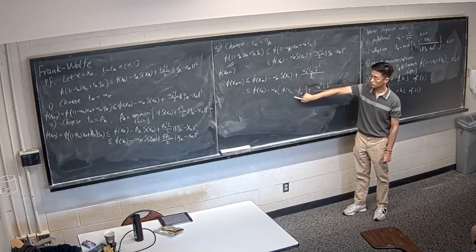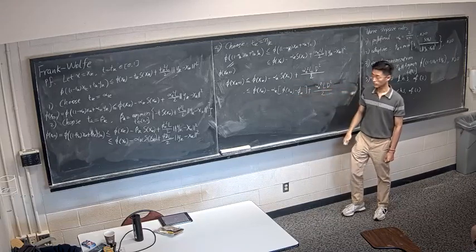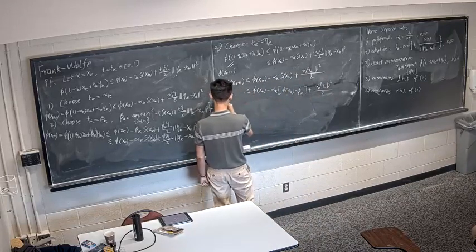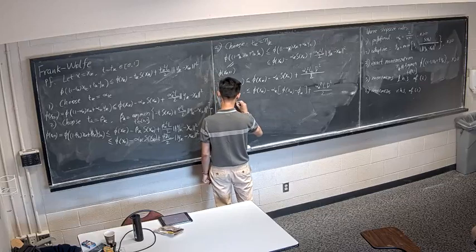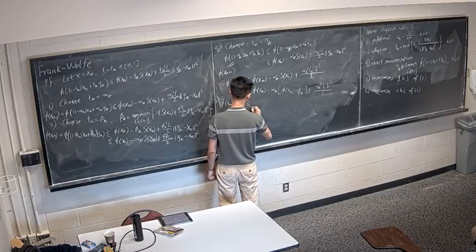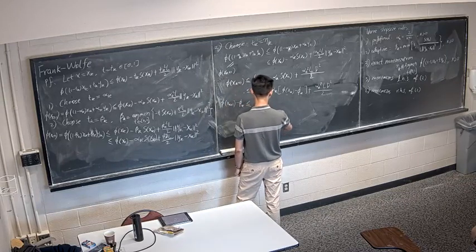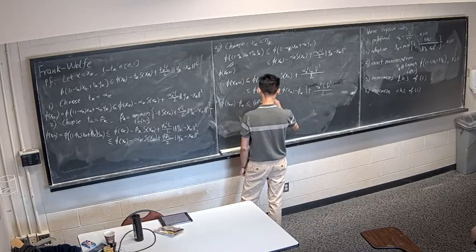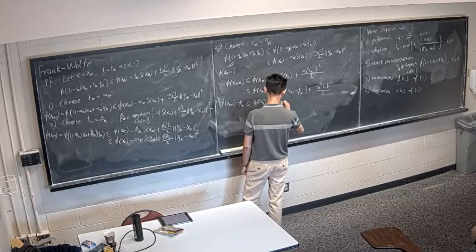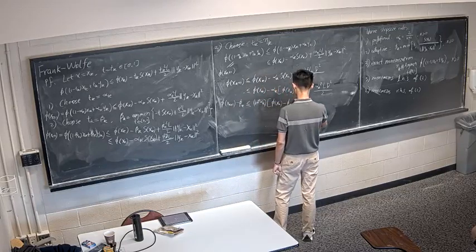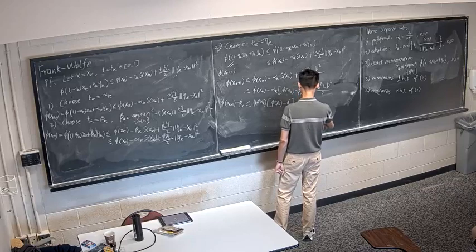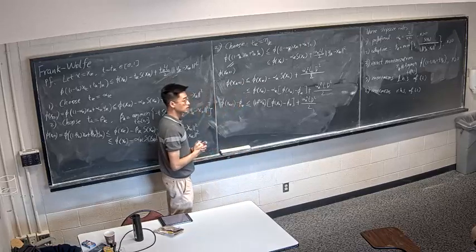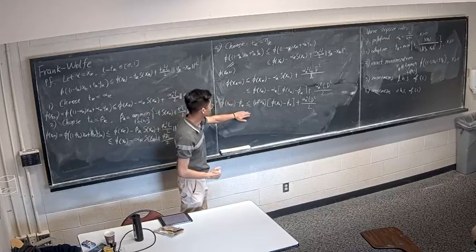This is an upper bound on the optimality gap. So we have this inequality. And now let's subtract phi star on both sides. So we have phi xk plus 1 minus phi star. Right, we subtract phi star on both sides, we get this inequality.